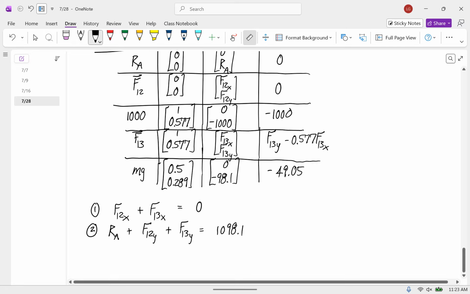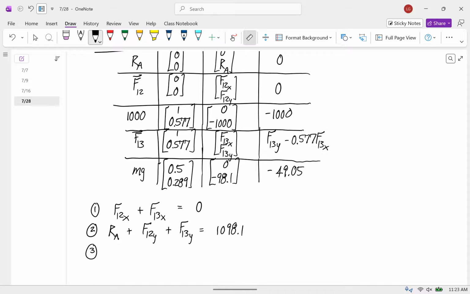And then last is the moment equation. I'll rearrange the terms for the F13 row.